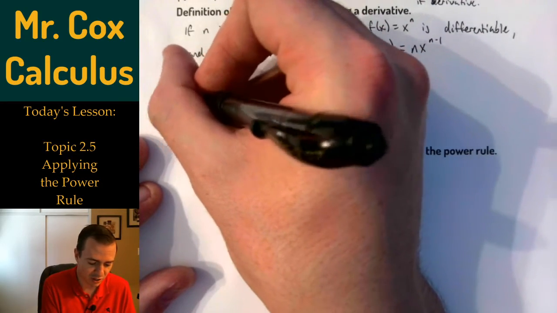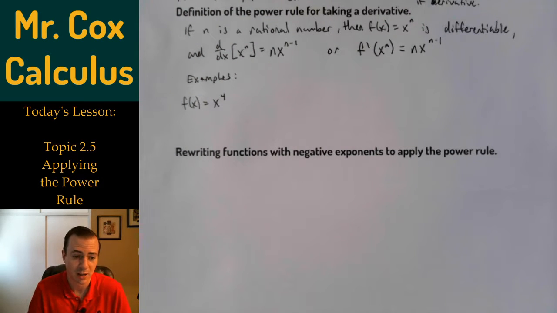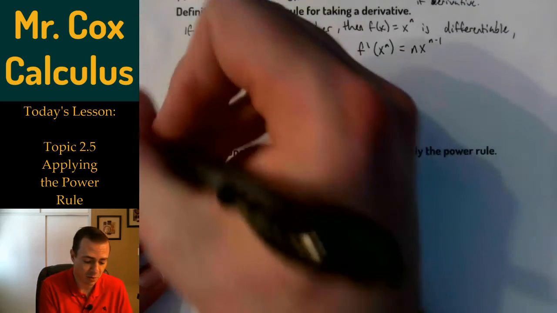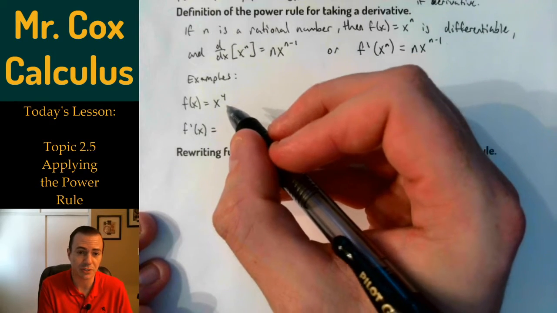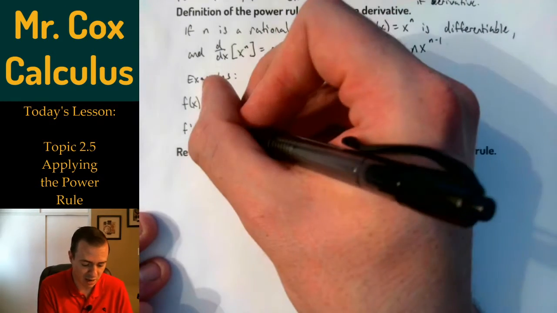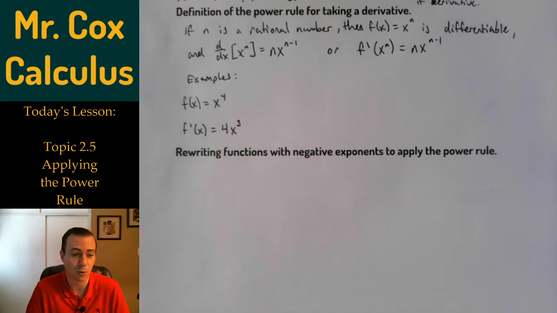If I have the function f of x equals x to the fourth, without having to apply that limit definition, which can sometimes be gross, you get to jump right in and say f prime of x is equal to, well, the power 4 becomes the coefficient, and then it gets reduced by 1. F prime of x is 4x cubed. You're done. No limit statement, no nasty algebra trying to figure out what x plus h to the fourth is. There's your rule, and that's how easy it's going to be moving forward, at least for these particular functions.